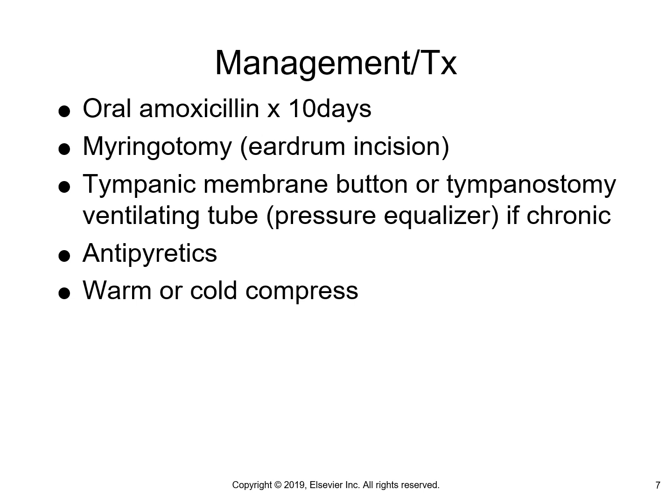Then we have what we call a tympanic membrane button, or your tympanostomy ventilating tube, or PE, your pressure equalizer. So this is like a little button that has a space in the middle. You can look it up and see the pressure equalizer that we put in the tympanic membrane. If the infection is chronic, then we use this as a part of management and treatment.